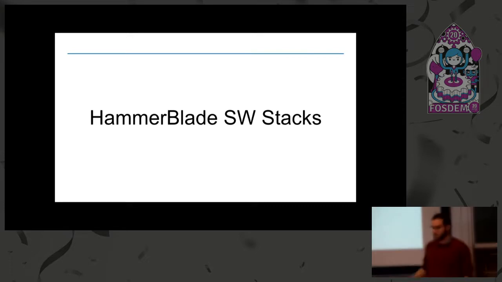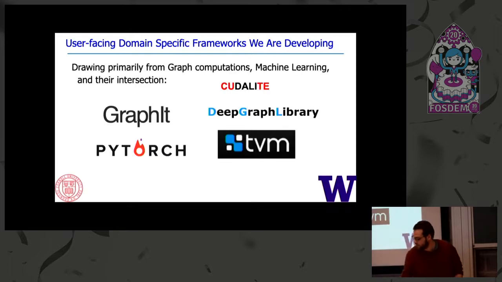So hi, I'm Max. I'm going to give an overview of our software stack. One of the primary goals of HammerBlade is programmability and portability of code that already exists that's written in higher level frameworks. CUDA Lite, which is our low level programming API, is the building block for these higher level frameworks.